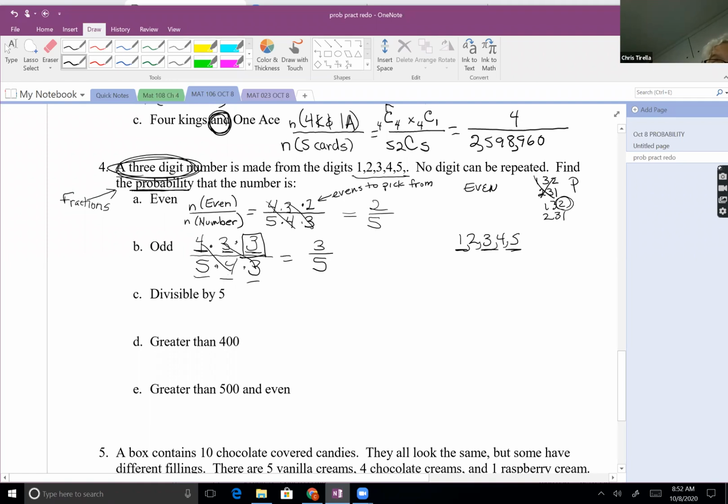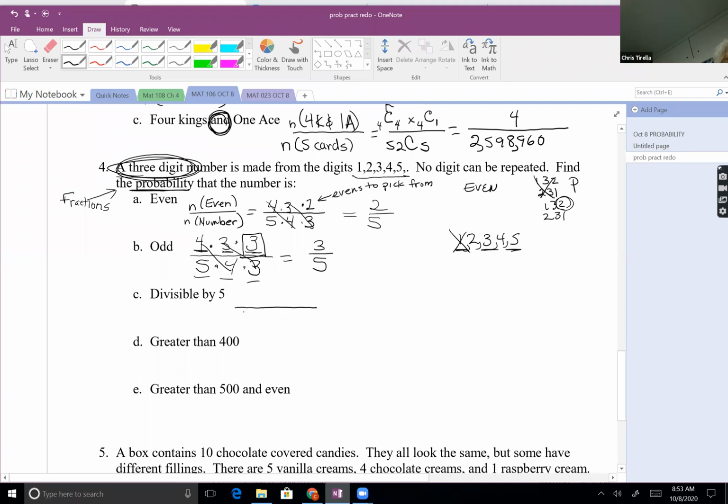So I have 3 to pick from. I'm only using up one of the odd numbers, though. So then when I fill in the rest of the blanks, I still have 4 numbers to pick from and then 3 numbers to pick from. Does that help?